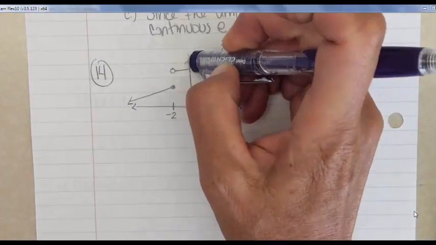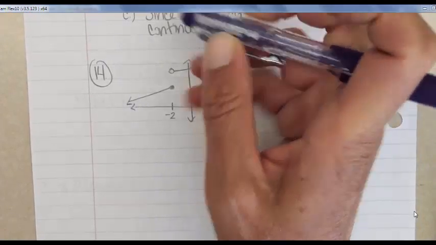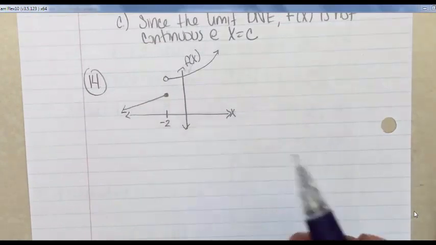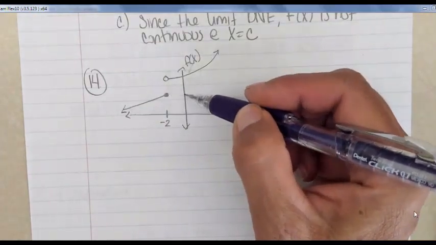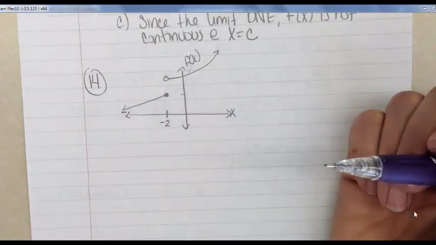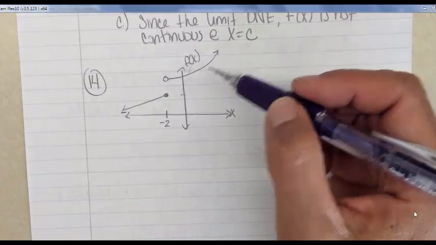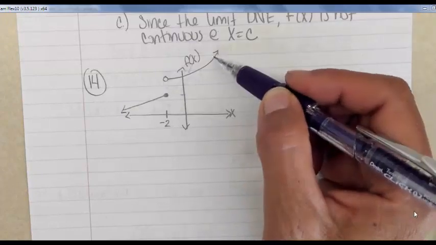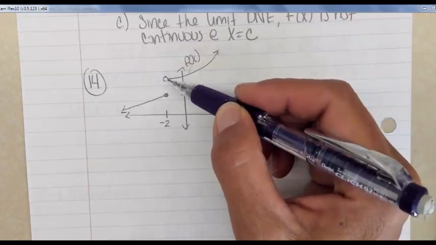Oh, maybe I shouldn't have put y then. I'll put f of x here. Okay, so there's a value for f of -2. It is whatever that output is. However, there's no limit because the left limit is equal to whatever that output is, but the right limit is equal to some other output.